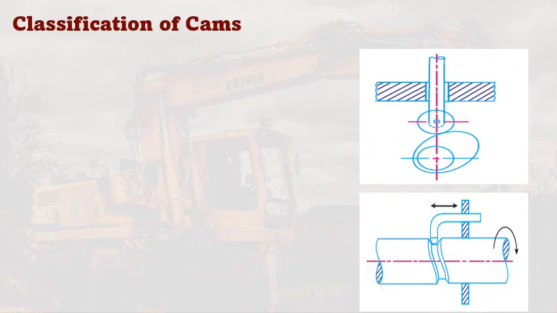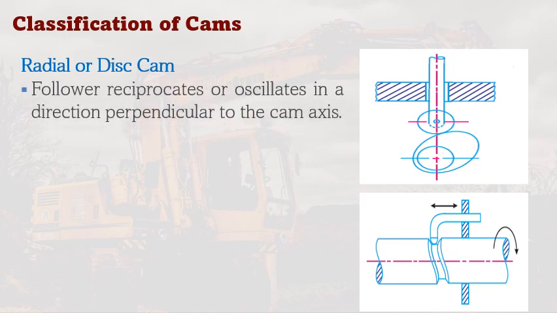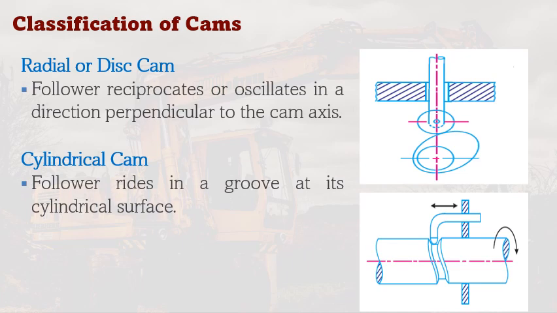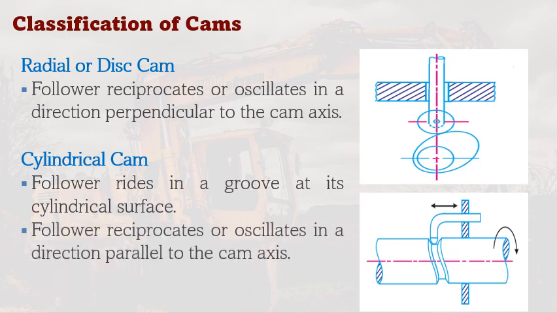There are different classifications of cams. The first one is the radial or disc cam. The follower reciprocates or oscillates in a direction perpendicular to the cam axis. Take note of the term perpendicular. On the other hand, in the cylindrical cam, the follower rides in a groove at its cylindrical surface, and the follower reciprocates or oscillates in a direction parallel to the cam axis.